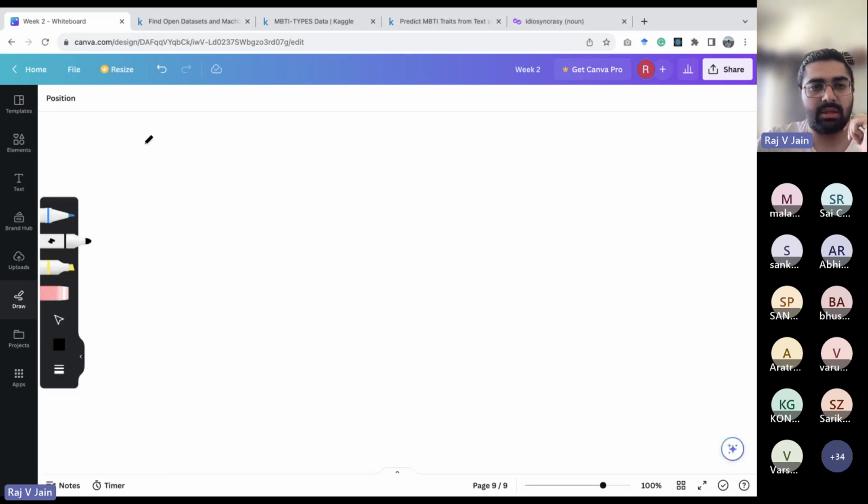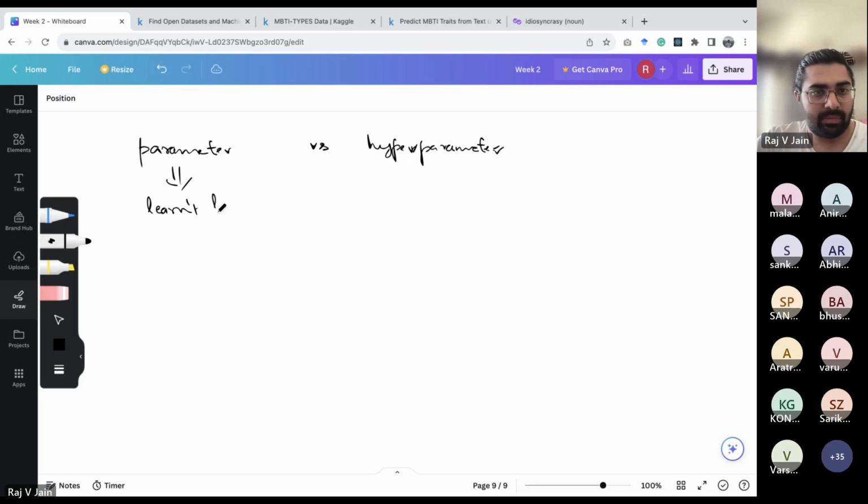So let's just take this right now: parameter versus hyperparameter. The most basic difference, how we distinguish these two things, is that a parameter is something that can be learned from the data, right?